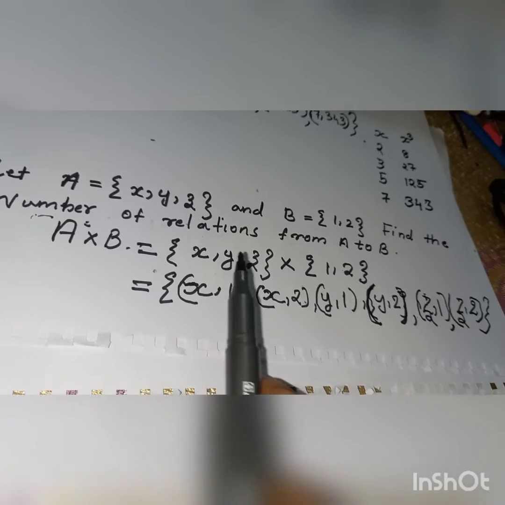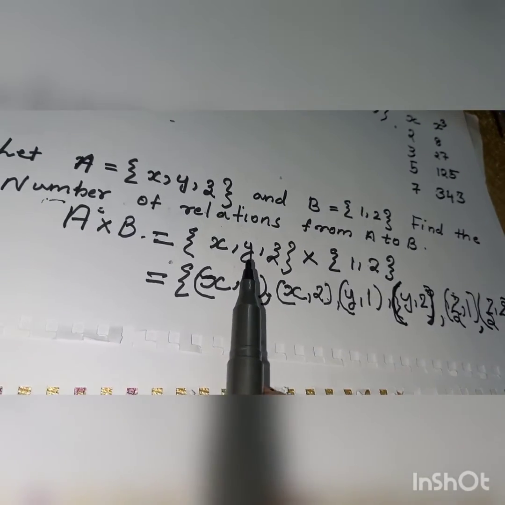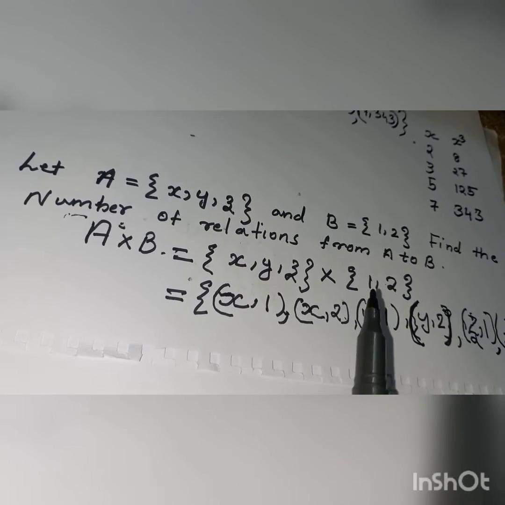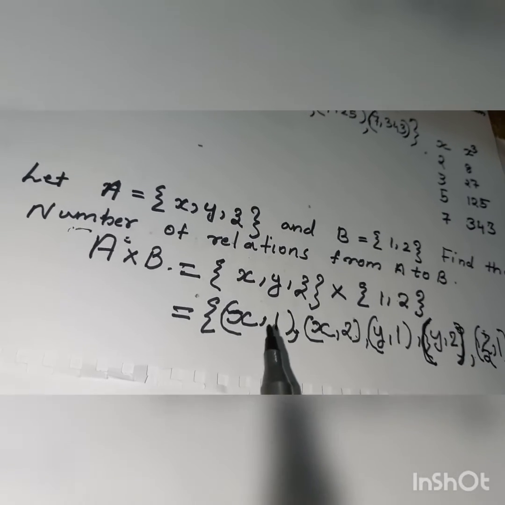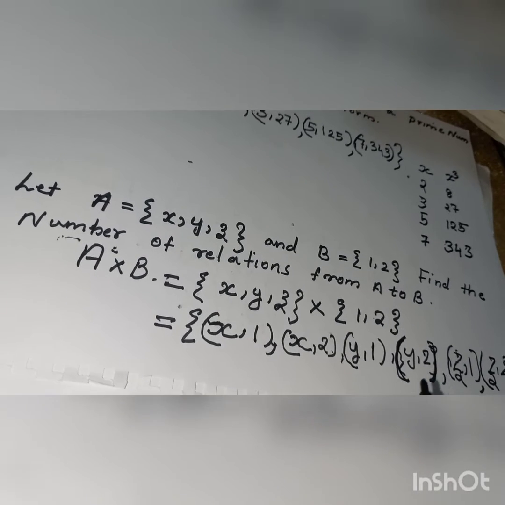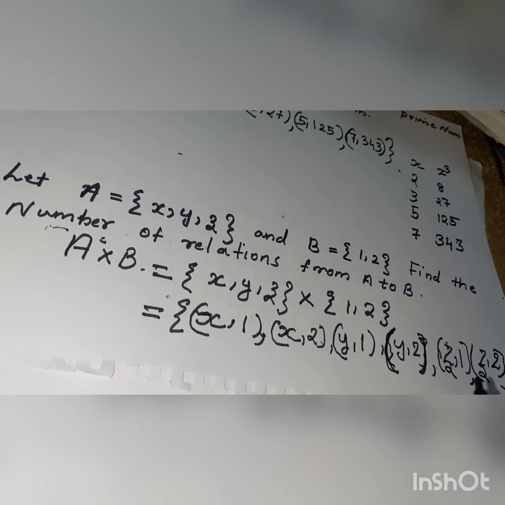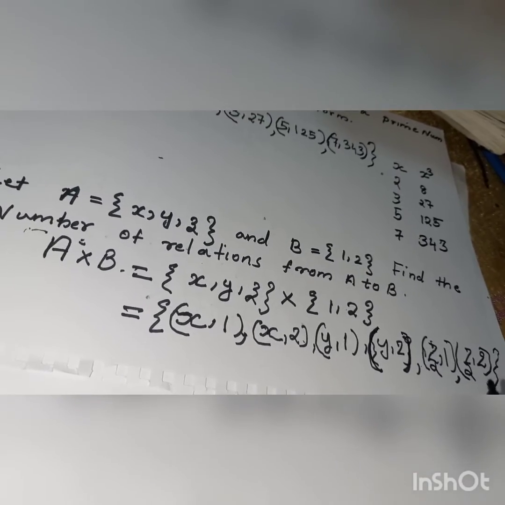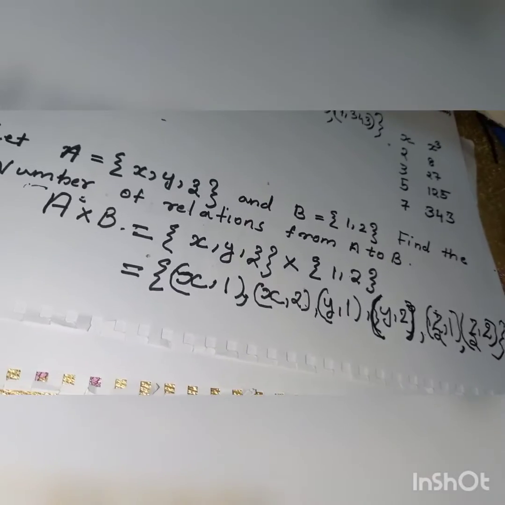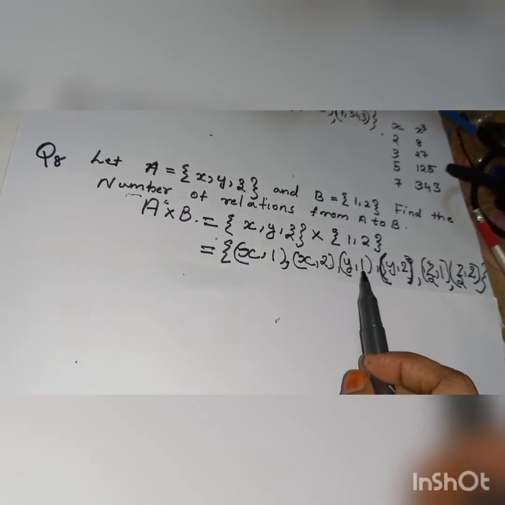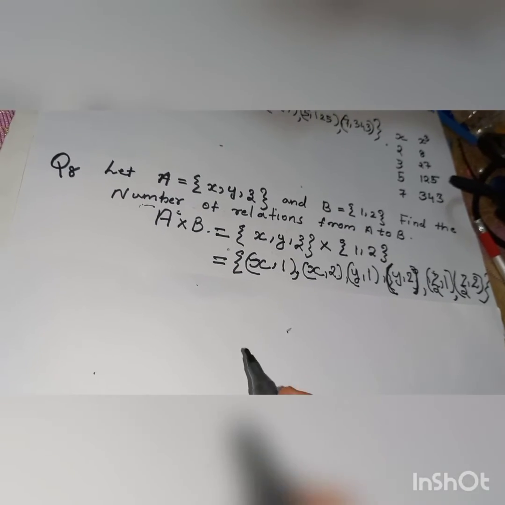A cross B is equal to, we pair all elements of A with all elements of B. So we get it like this: (x,1), (x,2), (y,1), (y,2), (z,1), (z,2). Then you have to close with the curly bracket, isn't it? 1, 2, 3, 4, 5, 6 elements are here.